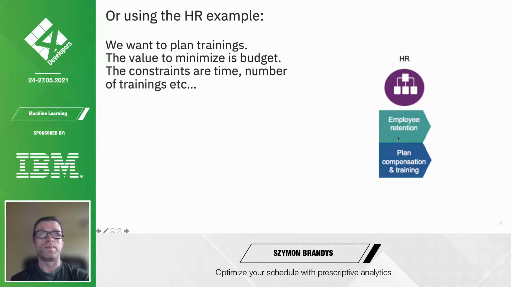The optimization problem in this area could be planning trainings, where the value to minimize would be the budget, while the constraints can be the time, the number of trainings, the number of people in a training, and so on. So this is the optimization problem.